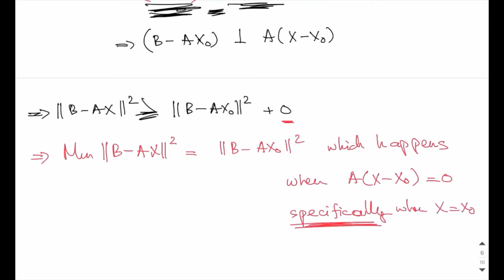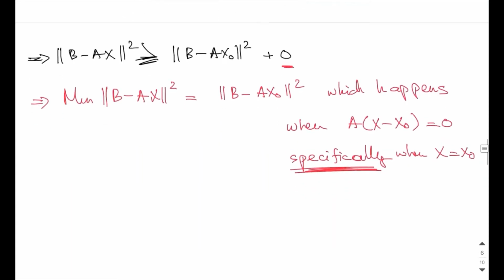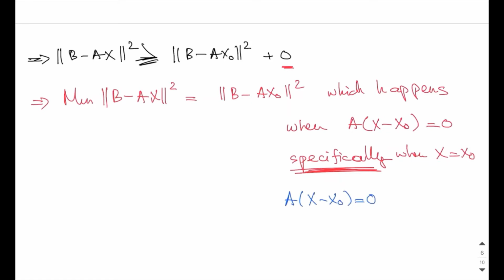Why do I have the word specifically here? I need to warn you that the equation A(x minus x0) equals 0 does not mean x has to be x0. Although x equals x0 is one of the solutions you want, it doesn't mean that this is the only solution you can find. You can find other x so that Ax equals Ax0. And that is when A is deficient, when the system Ax equals 0 has more than one solution.